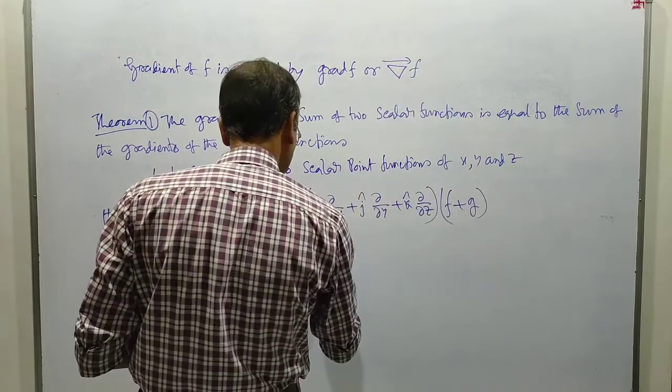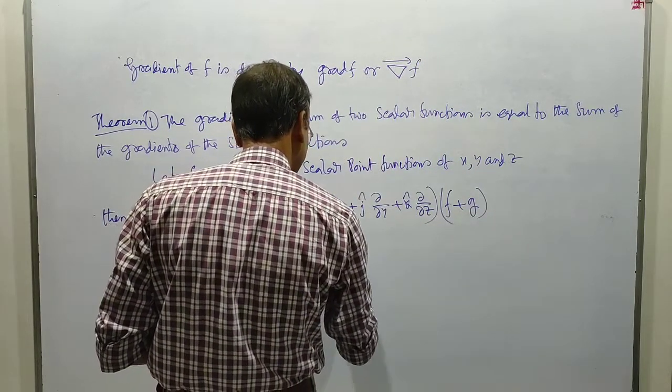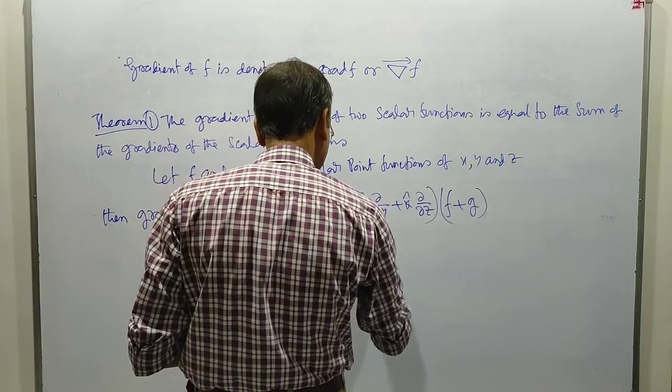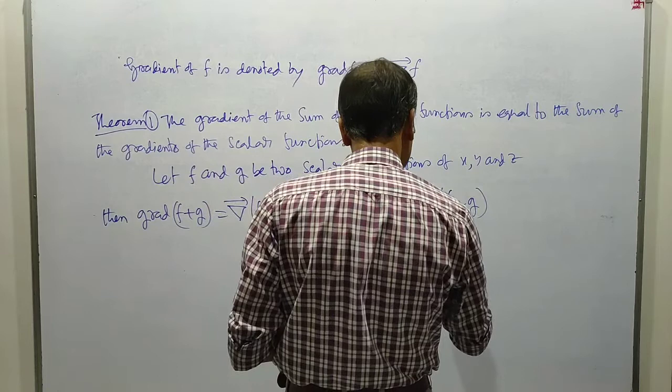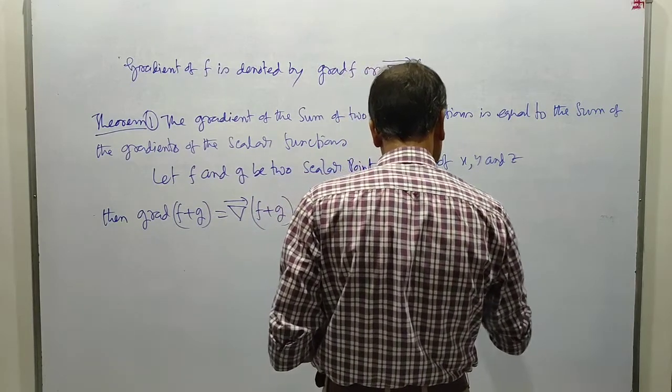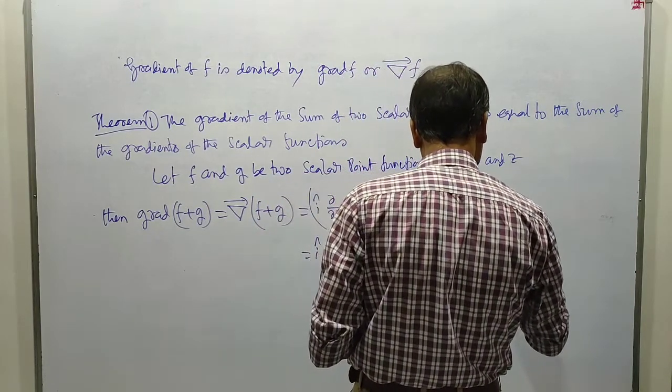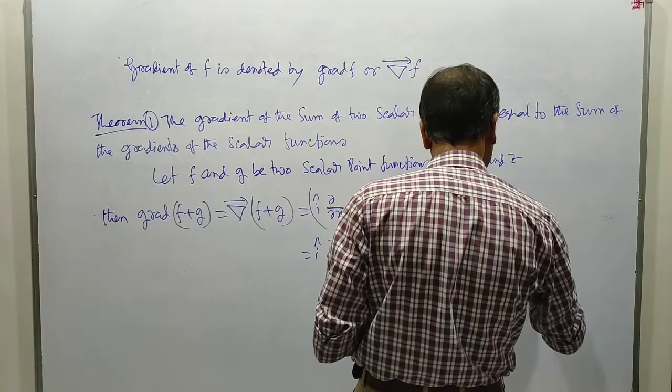This is equal to i cap del/del x of f plus g, plus j cap del/del y of f plus g, plus k cap del/del z of f plus g.